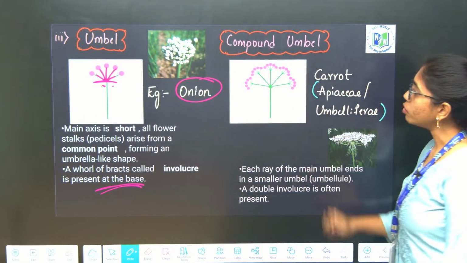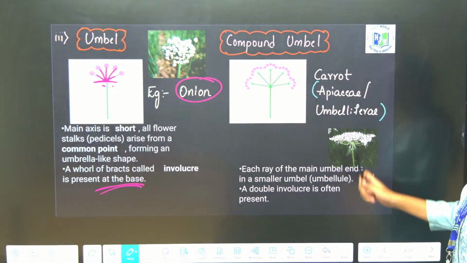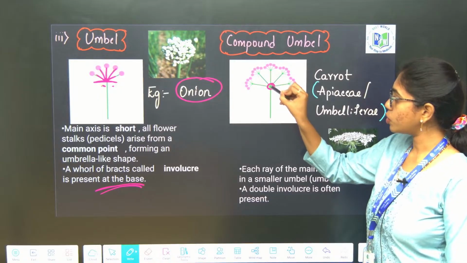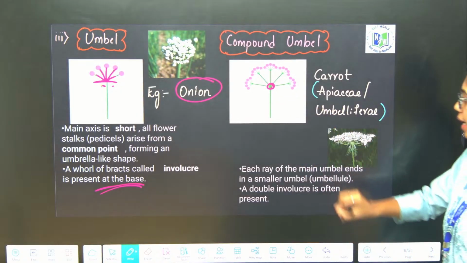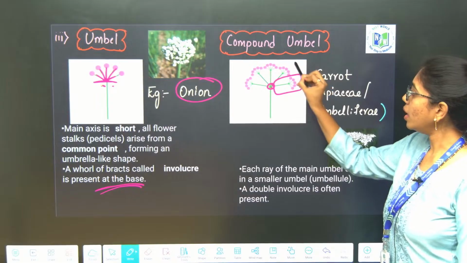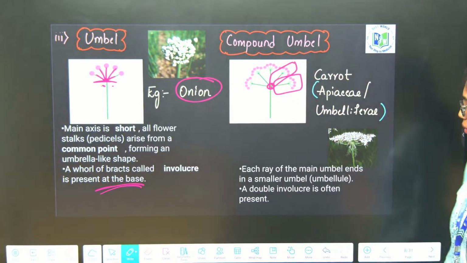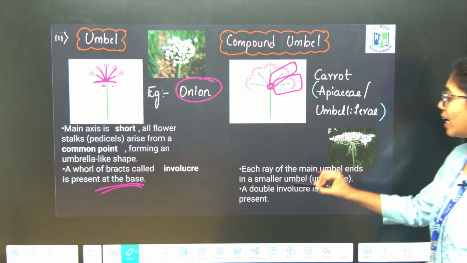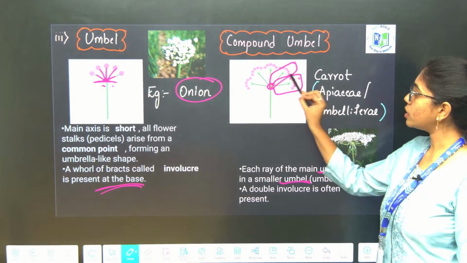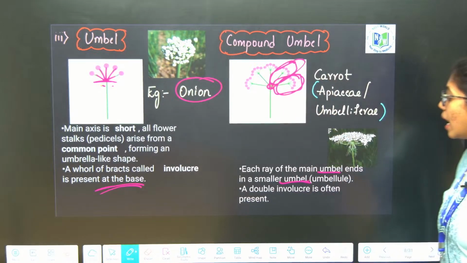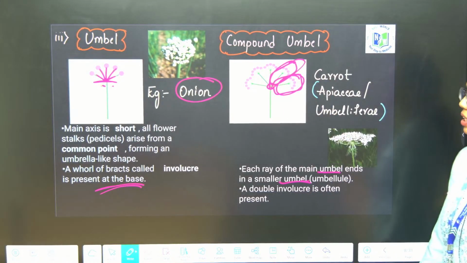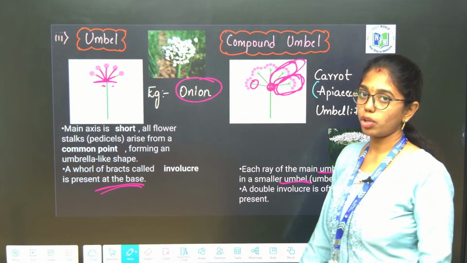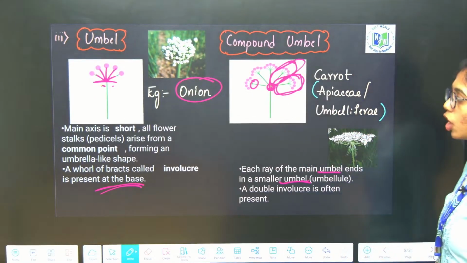And then you see compound umbel, where from the main axis, again at the base, an involucre of bracts is present, and each umbel grows from this point. Each ray of the main umbel ends in a smaller umbel. A double involucre is often present, here one involucre, here also one involucre.